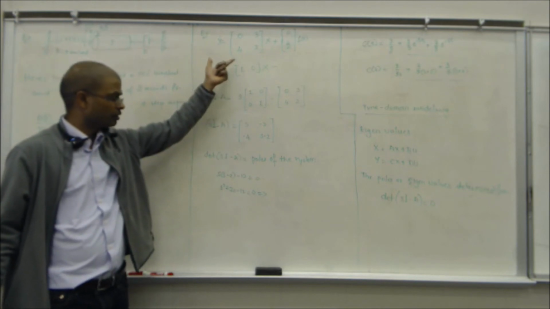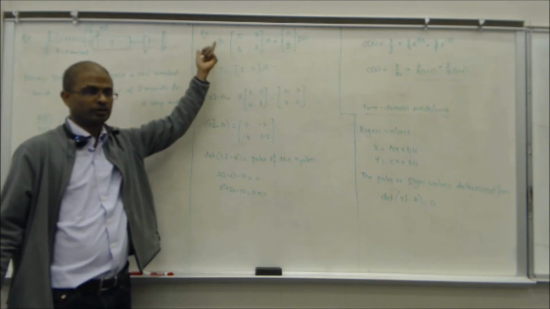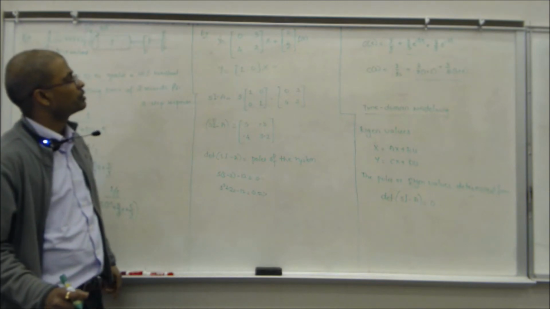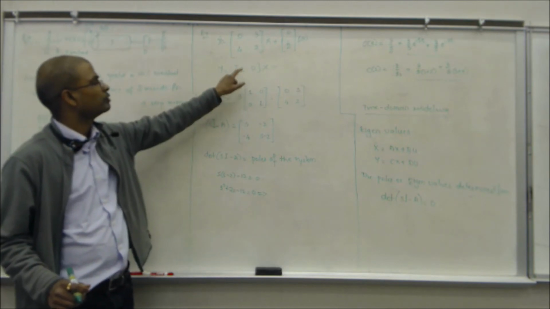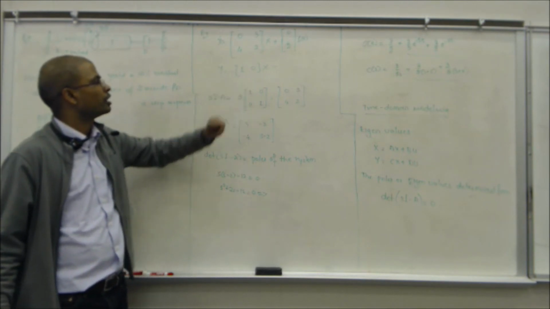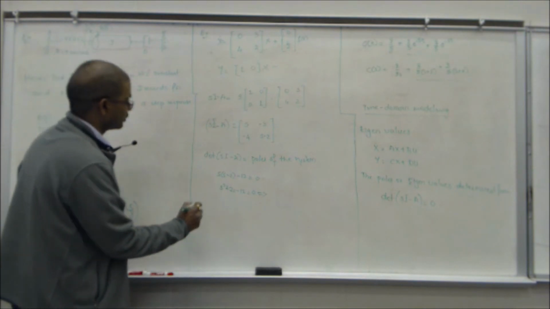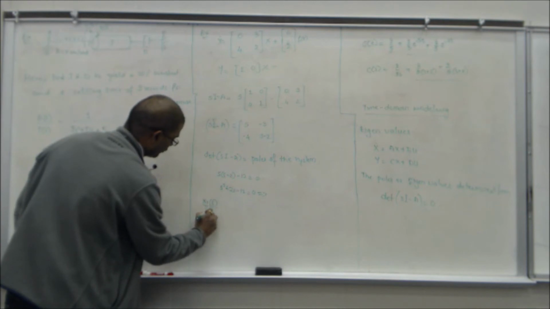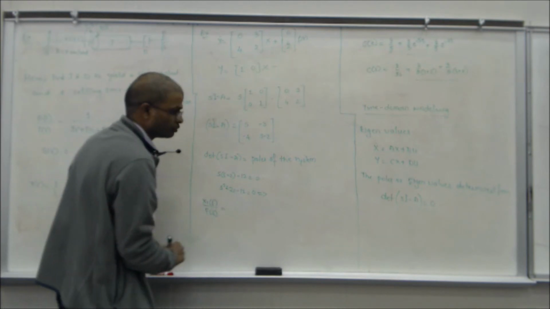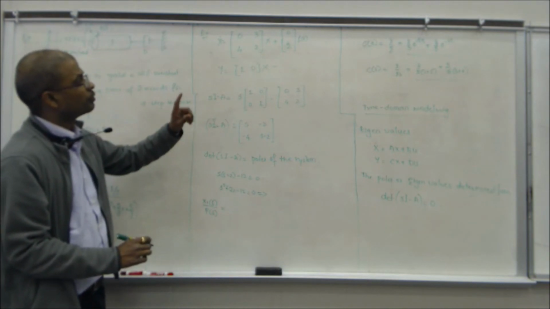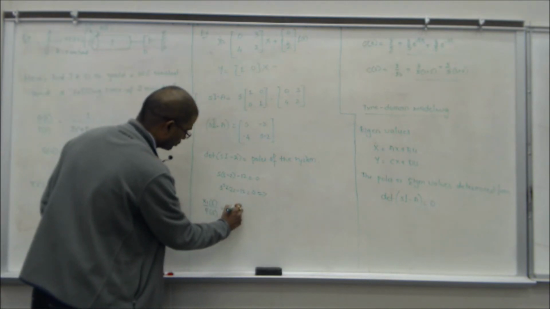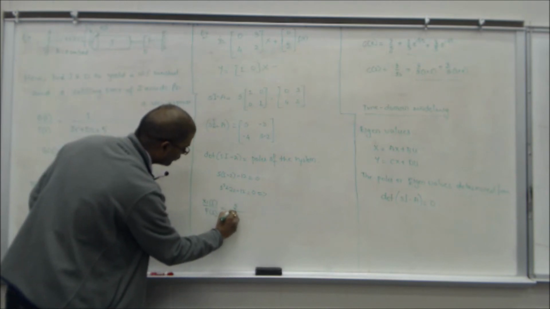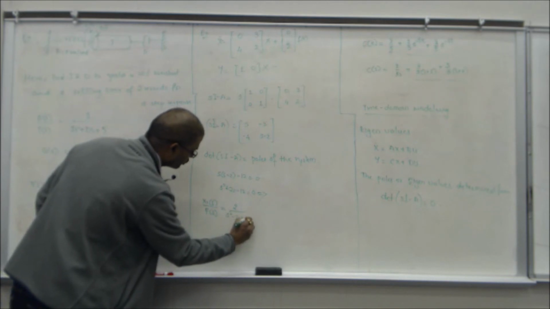And what is the transfer function of that system? x1 is the output, so you can say x1 of s over f of s is equal to, it would actually be over s squared minus 2s minus 12.